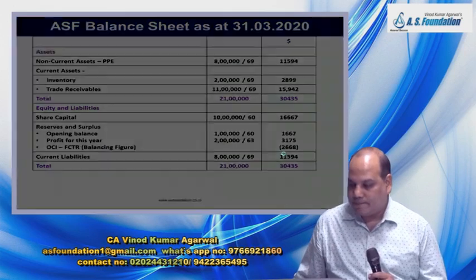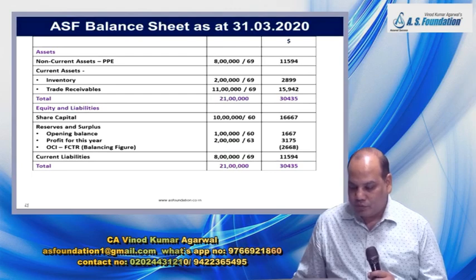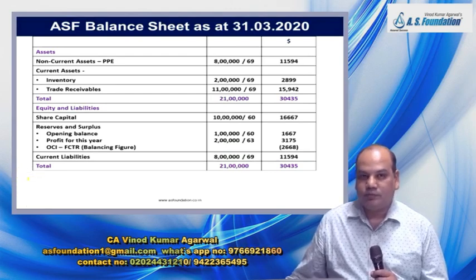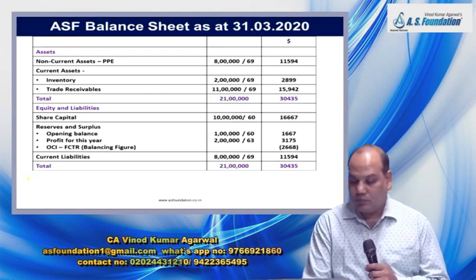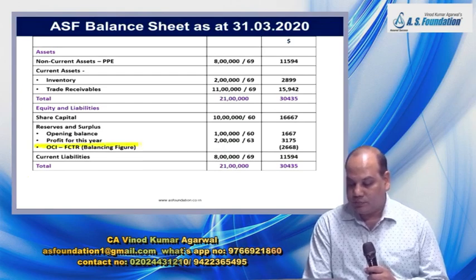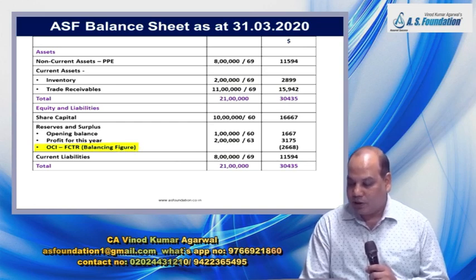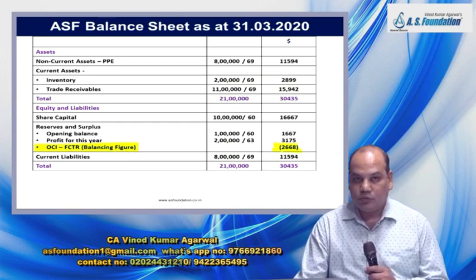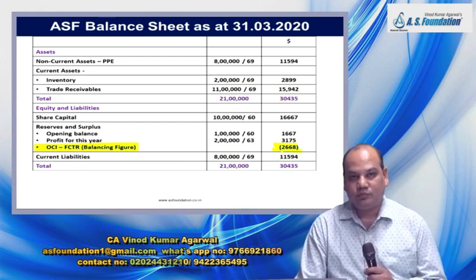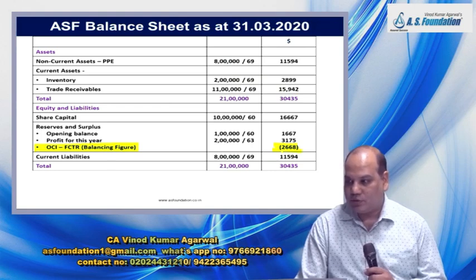Is it tallying? No. You will find there is a difference. So that difference you write down as a separate line item, foreign currency translation reserve, balancing figure 2668. Balancing figure, right? Balancing figure 2668.